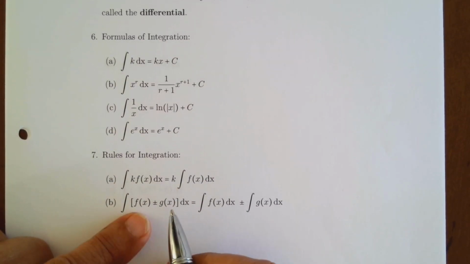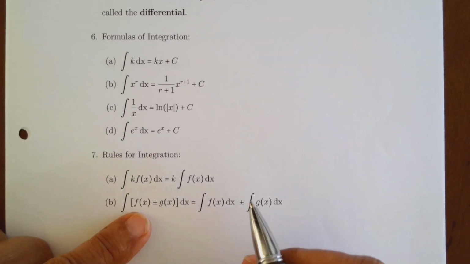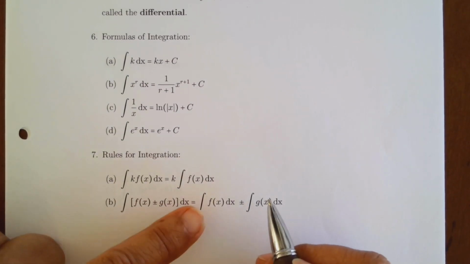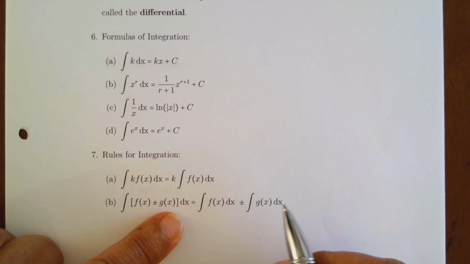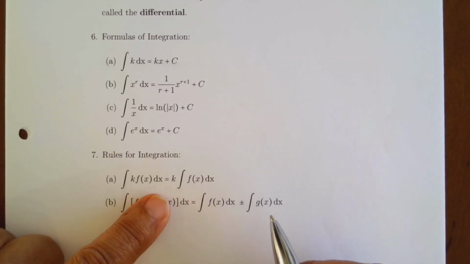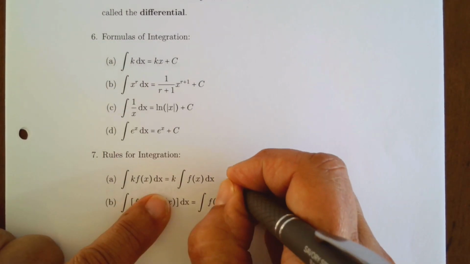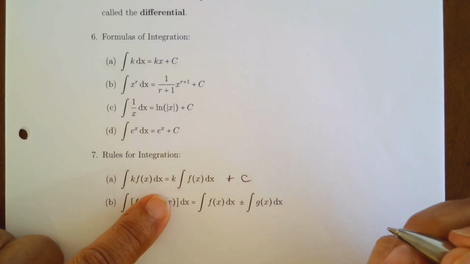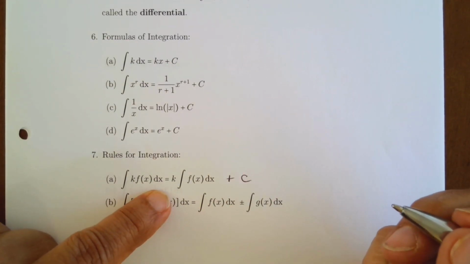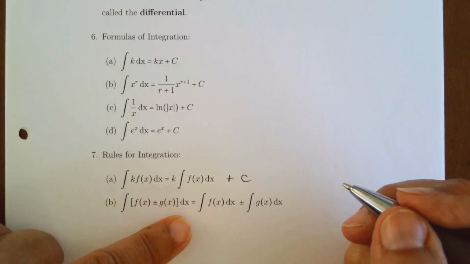And then if you have more than one function, so terms that are added or subtracted, you're just going to integrate each term individually. And then they did not write this here, but again, all of your antiderivatives will have this plus c at the end.